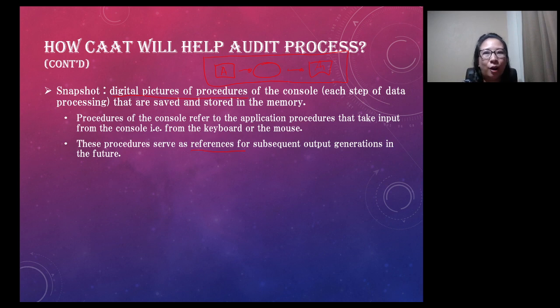So later when there is another transaction, it will be compared with the previous snapshot. Don't be confused, it's not a real image or picture, but it's like picturing or screenshotting the data in the system.